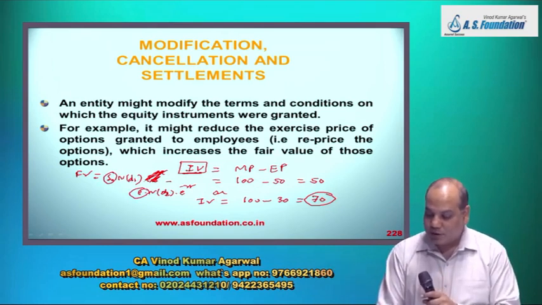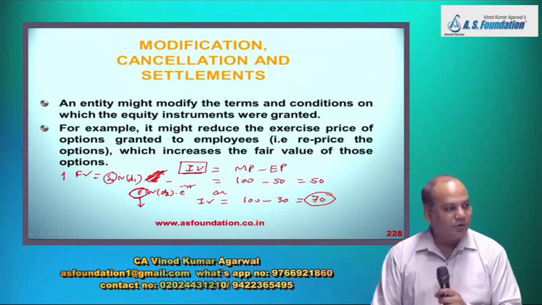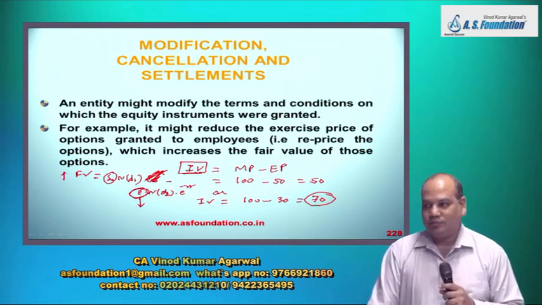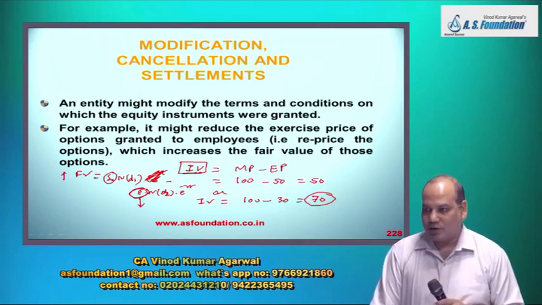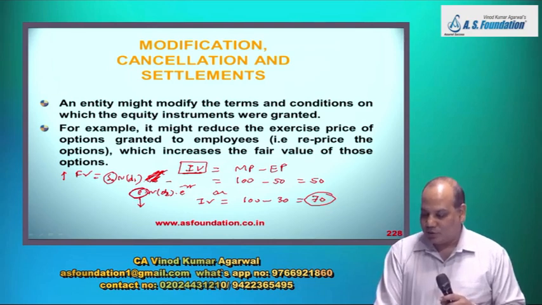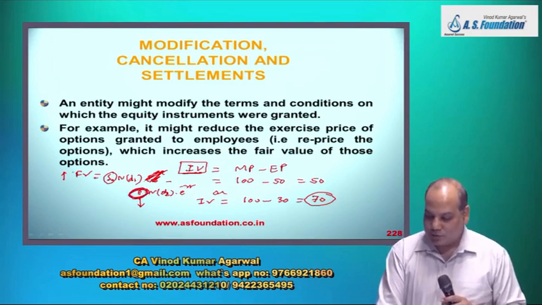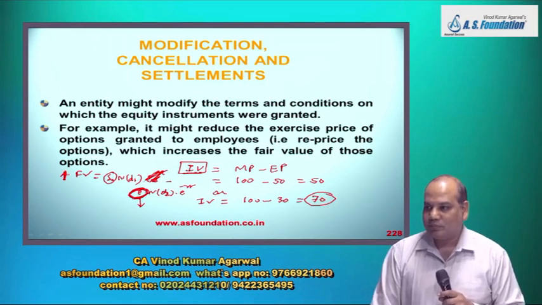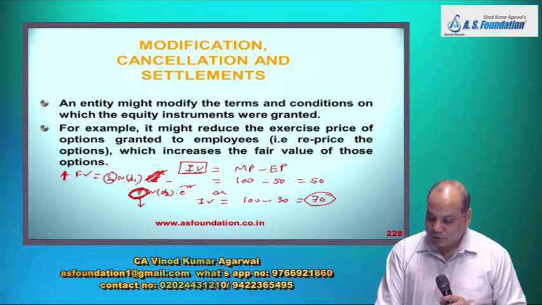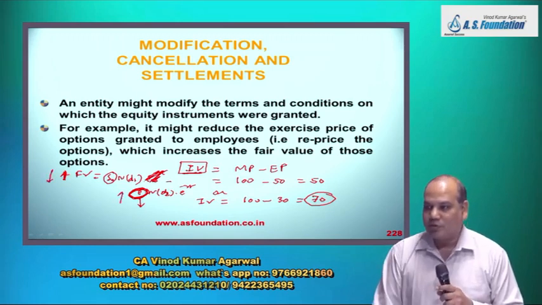So if exercise price is reduced in the equation, the fair value of the option will go up because other factors are constant. So if this number goes down, the answer goes up. And reverse: if this increases, the fair value of the option goes down.